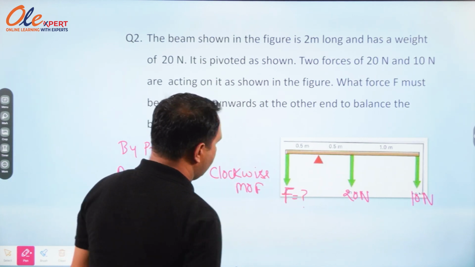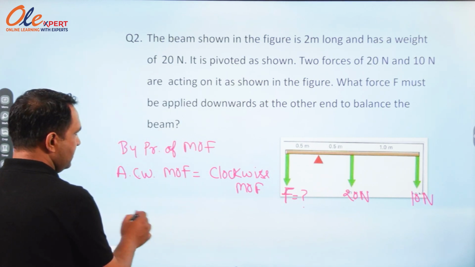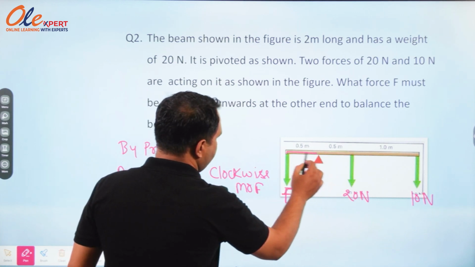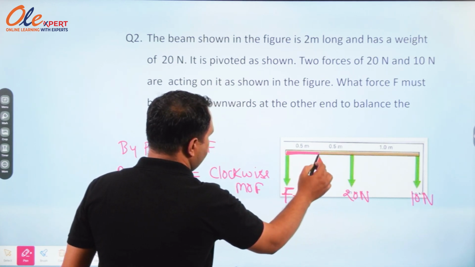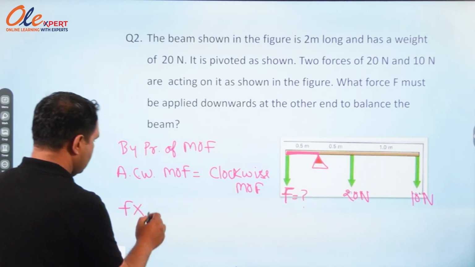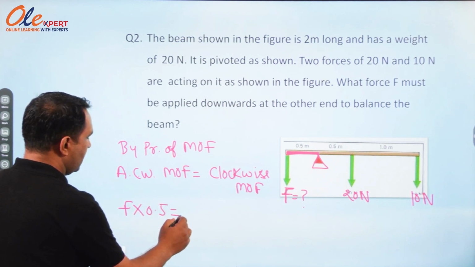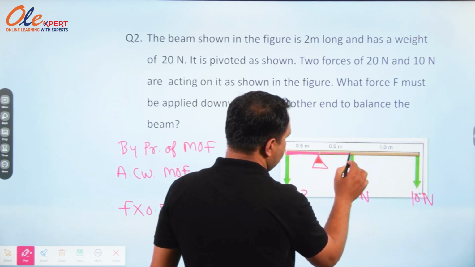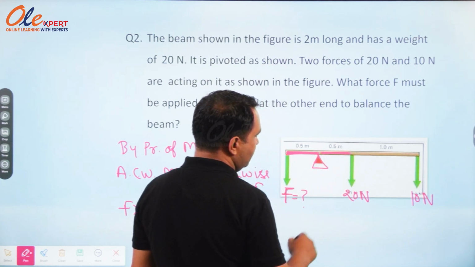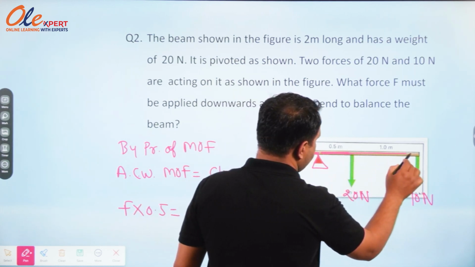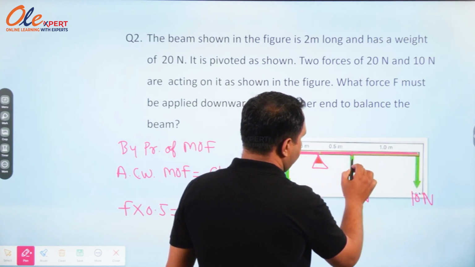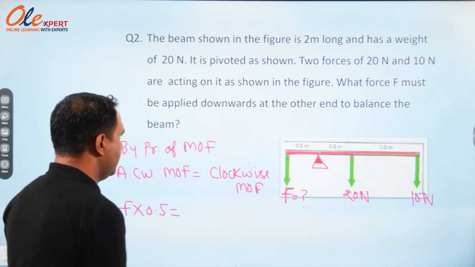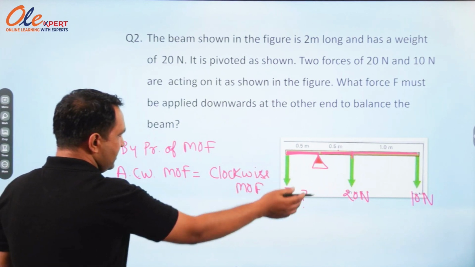What will be the value of F? We have to calculate. So F into the perpendicular distance, which is 0.5 meter from the pivoted point. At this side, one force is acting at 0.5 meter and another force is acting at 1 plus 0.5, at 1.5 meter. So the two forces are acting at this side.